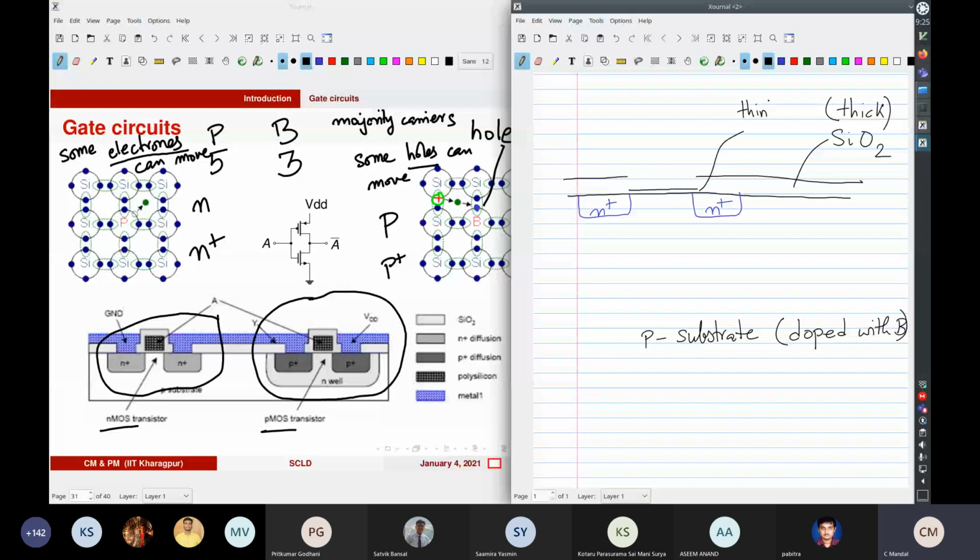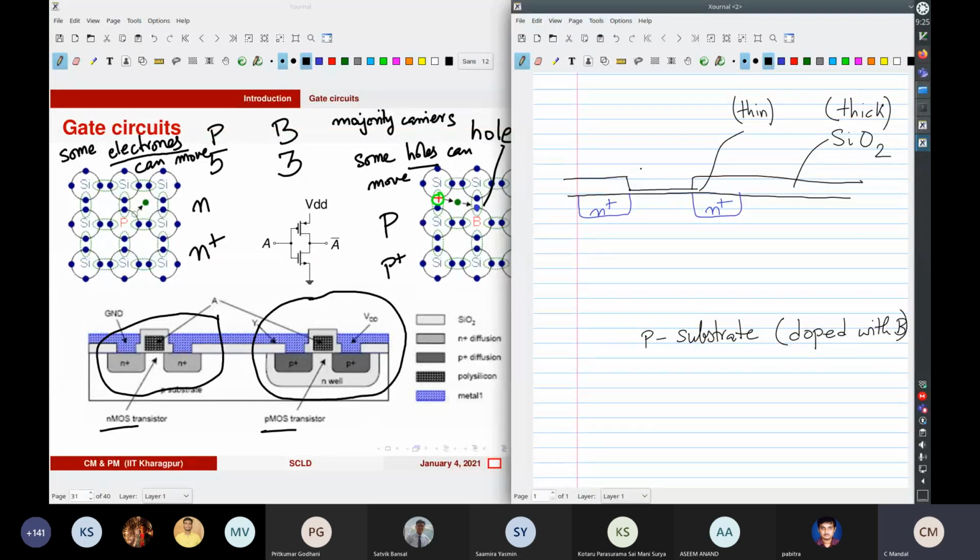This is thin oxide. All right, and this is fabricated so this is well aligned. Okay, this is well aligned.